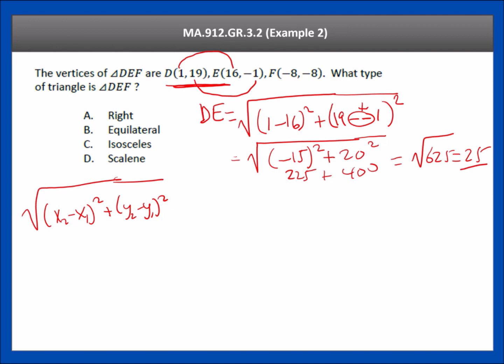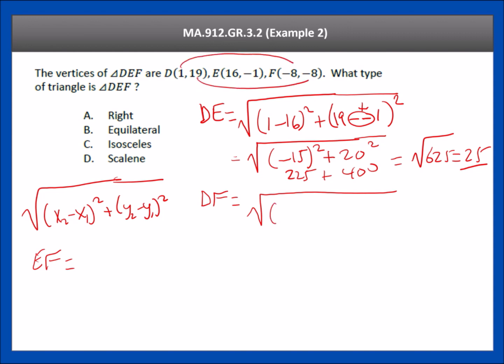So DE is 25. That's the length of DE. Now let's do the length of DF, and then we'll do the length of EF. DF is the square root of: subtract the x coordinates, subtract the y coordinates, 1 minus negative 8 squared plus 19 minus negative 8 squared.